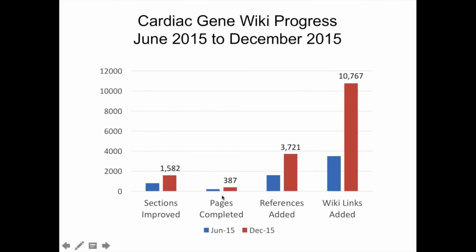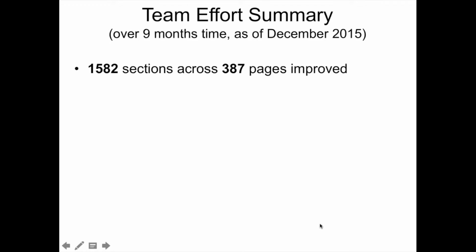So to summarize our progress since my last presentation, we have more than doubled the number of improved sections, pages completed, references added, and wiki links added. Blue is our progress as of June, and red is our progress as of December. So you see this has been a substantial effort this year for us.